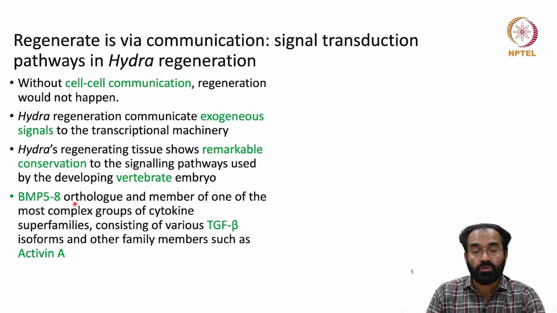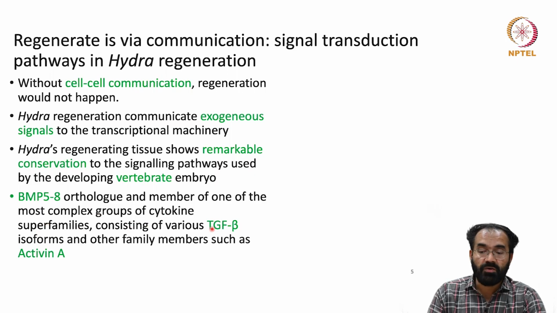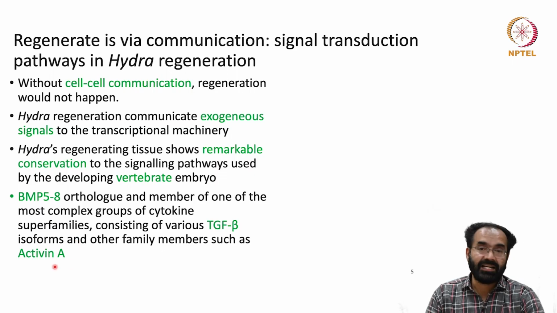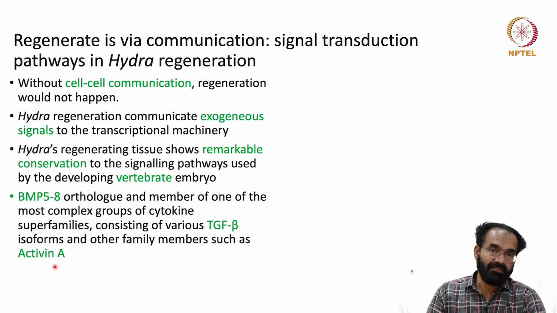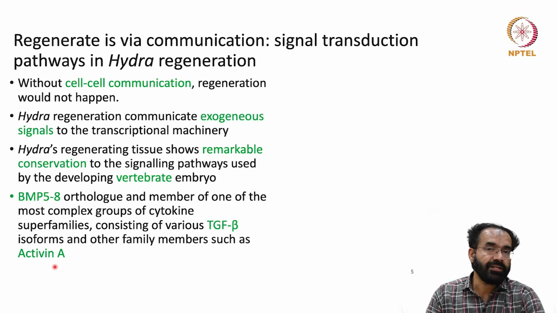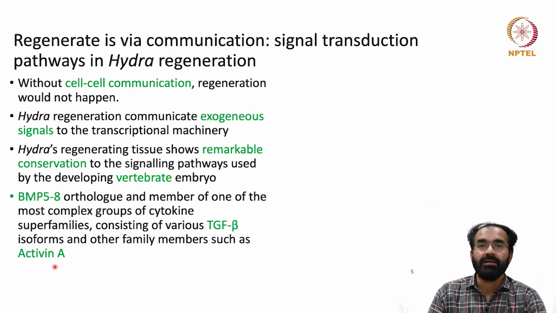So these are orthologs of BMP5-8 and members of one of the most complex groups of cytokine superfamilies that consists of the TGF-beta isoforms and other family members such as activin A. So activin, nodal, BMP, these are all required for the activation of various regenerative as well as developmental pathways. And we have orthologs. Ortholog means you have a gene identified from an organism, and you are trying to identify a functionally similar gene in another organism.